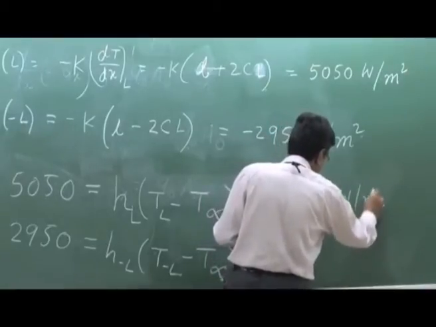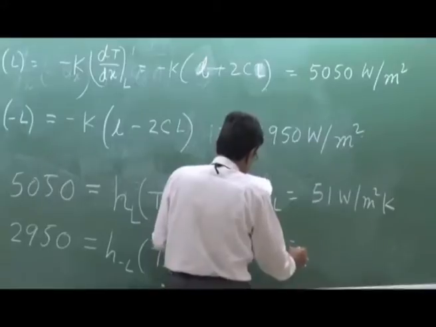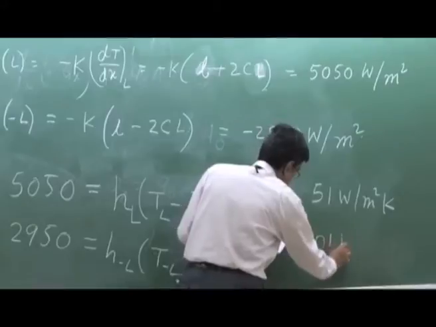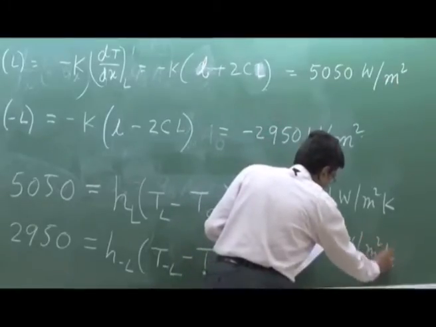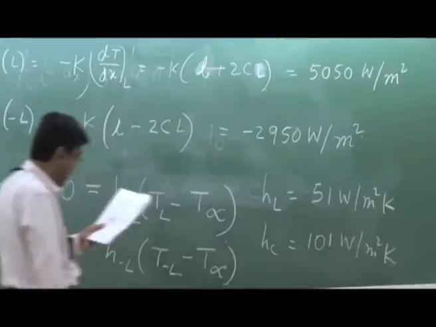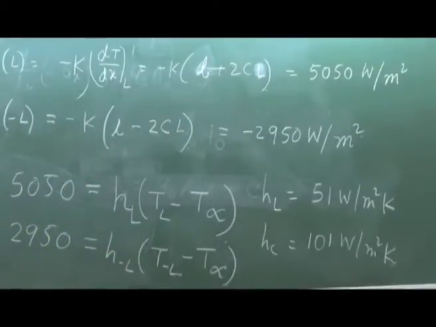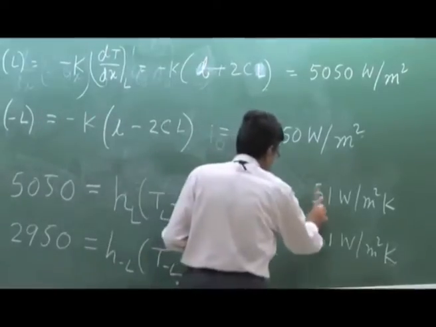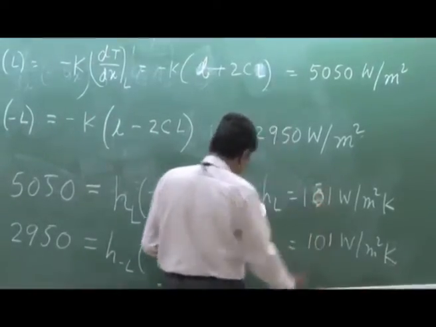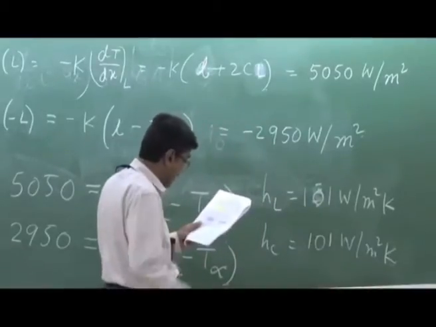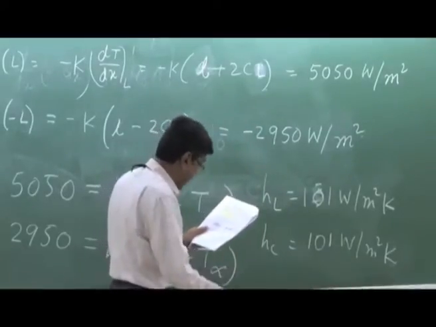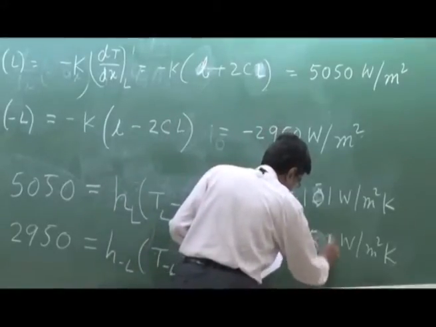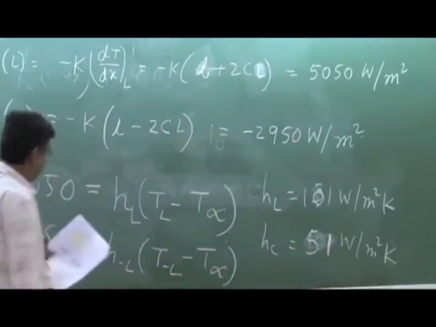Watt per meter square K, 101 watt per meter square K. Now, this is the value of H at L and H at minus L. Well, I have done the wrong thing. This will be 101, they are right and left. So right is 101, means right is at plus L and left is at minus L, 51.